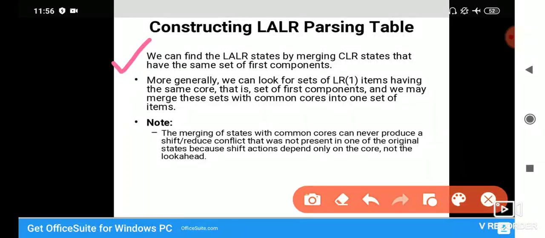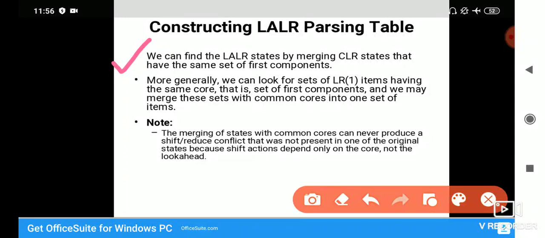We found in several item sets that the first component was the same, like for example I3 and I5 had the same first component but a different second component. Like in one set, if it is S to CC dot, the second component is dollar, and in the other we found S to CC dot, and the second component is C or D. So the first component remains same and the second component was different.